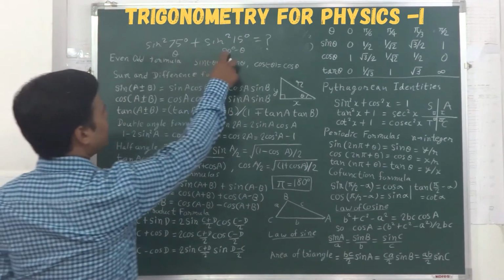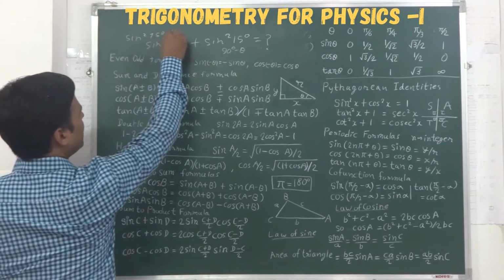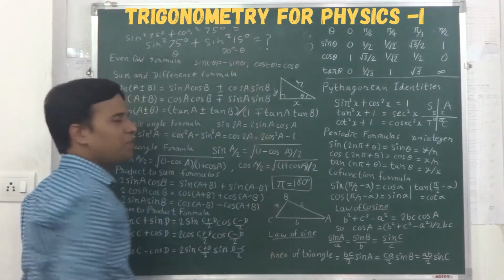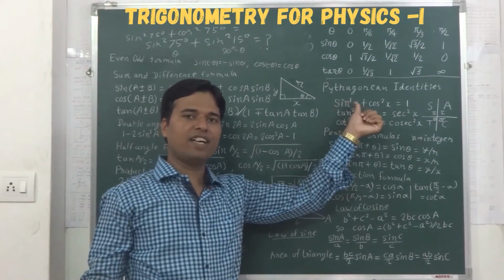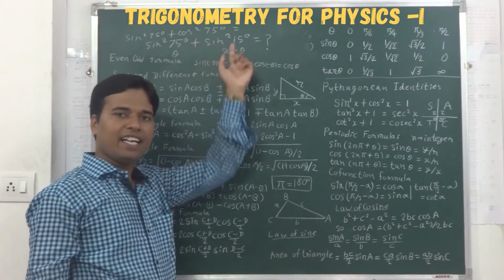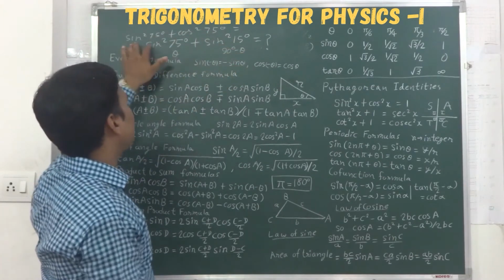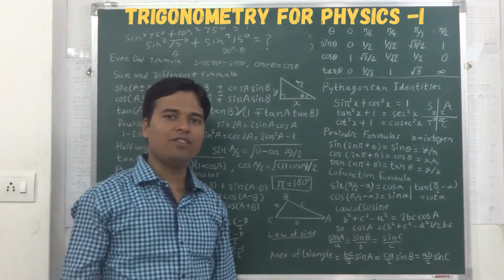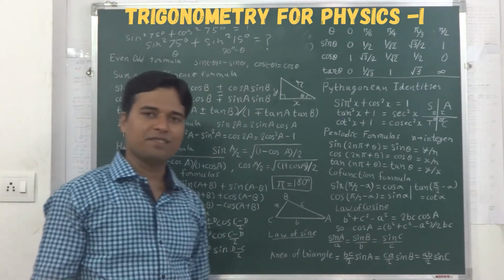It will be converted then into sine square 75 degree plus cos square 75 degree is equal to, use this one, Pythagorean identity, sine square theta plus cos square theta, no matter the value of the angle theta, but these two angles must be equal. Then sine square theta plus cos square theta is equal to 1. So dear students, you have found the value of the given function.